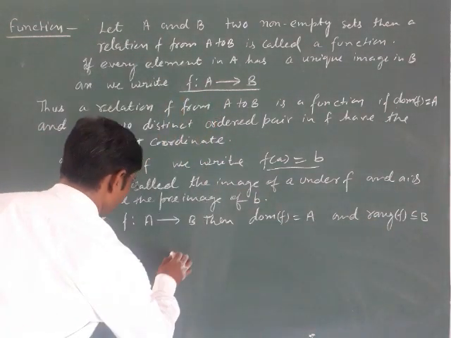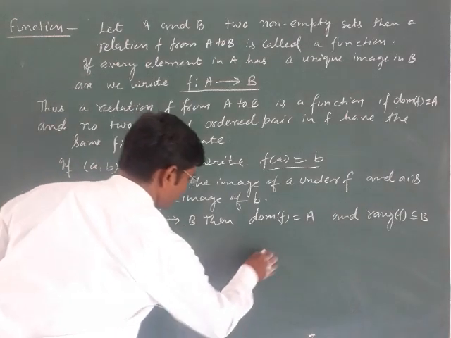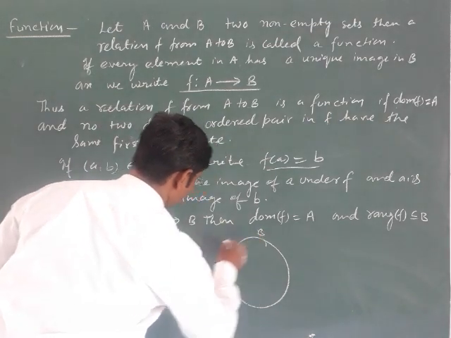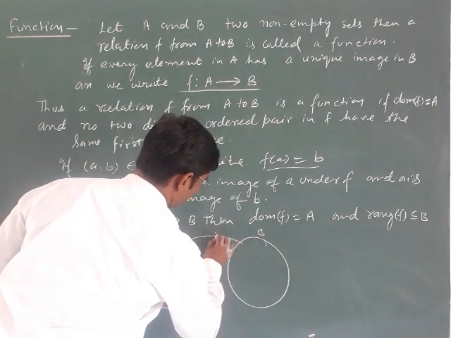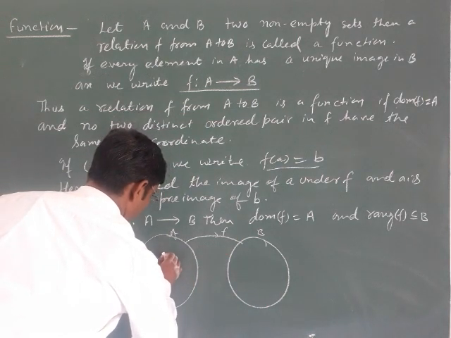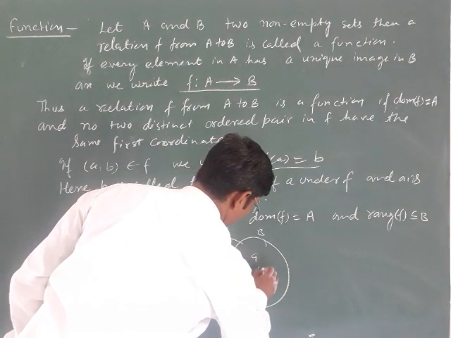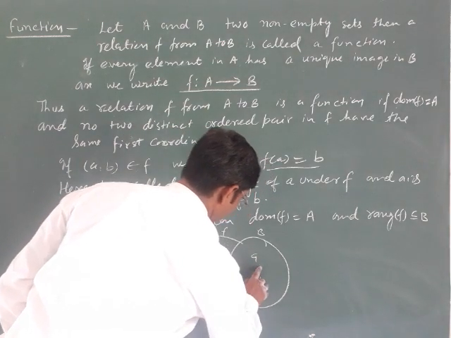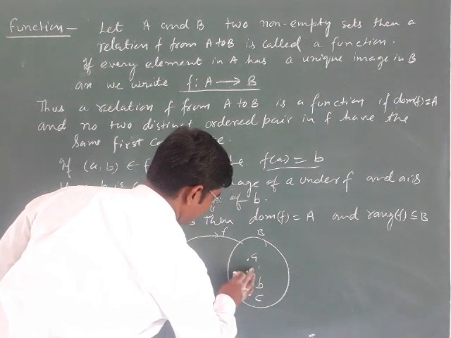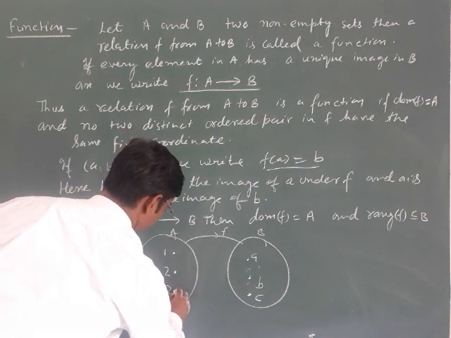So now we explain with a diagram. These are sets A and B related by F. Elements 1, 2, 3 and a, b, c. So this is dotted, and this is dotted.